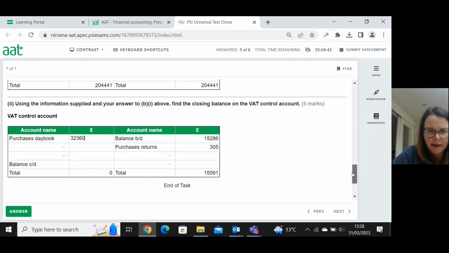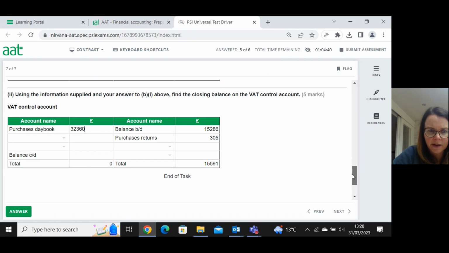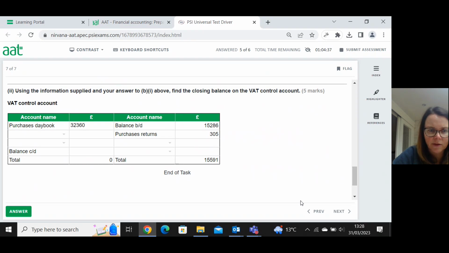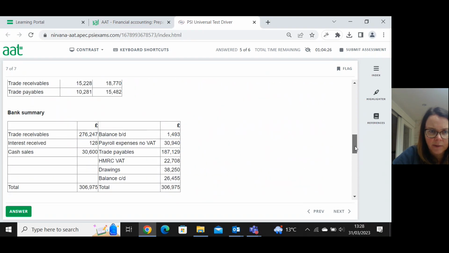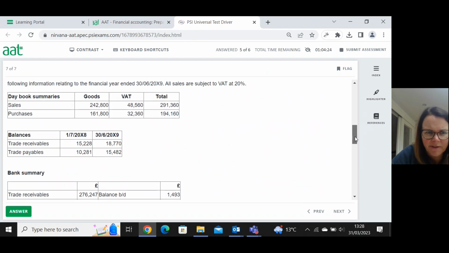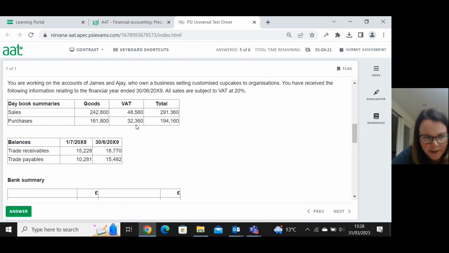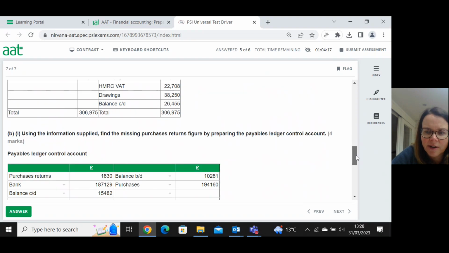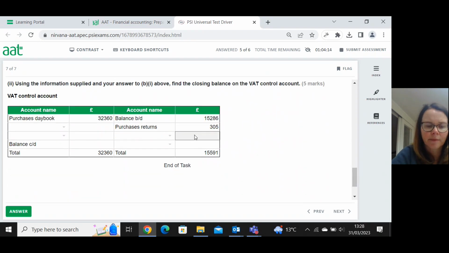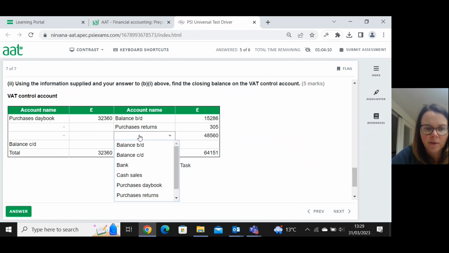Using the information supplied, find the closing figure on the VAT account. All right, so I must have to put other things in as well then. Bit weird they've half filled it in. Right, so I'm going to have to put my sales VAT figure in, 48560. So that's sales.